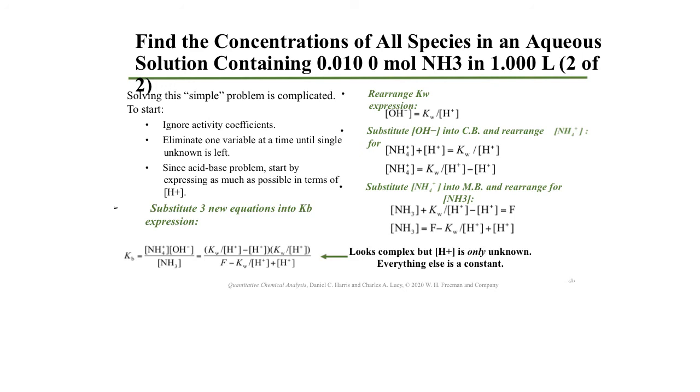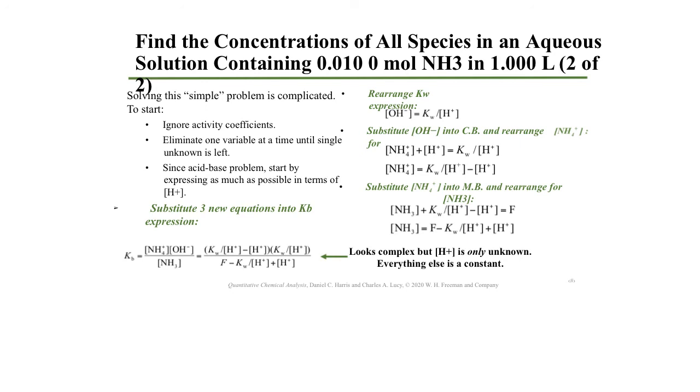So essentially what you're going to try to do is rearrange some equations, right? Particularly rearranging for OH minus to get it out of all of the equations that OH minus is in and have everything in the form of H plus. You can substitute the mass balance. You can substitute in NH4 plus and get everything in terms of NH3.